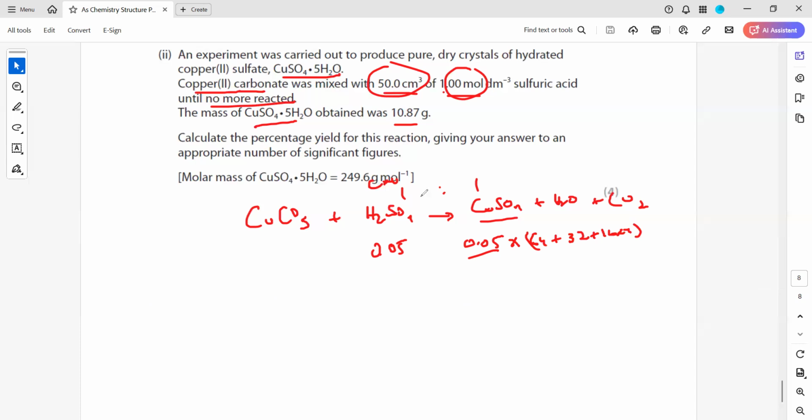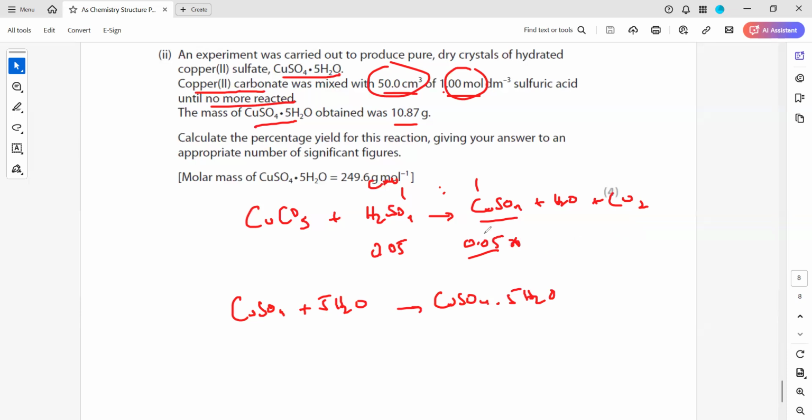The molar mass of hydrated is there. So I have to use the hydrated one. Now what we have to do, because this produces copper sulfate, but this copper sulfate is converted into hydrated copper sulfate, like CuSO4 reacted with 5 water molecules to form CuSO4.5H2O.